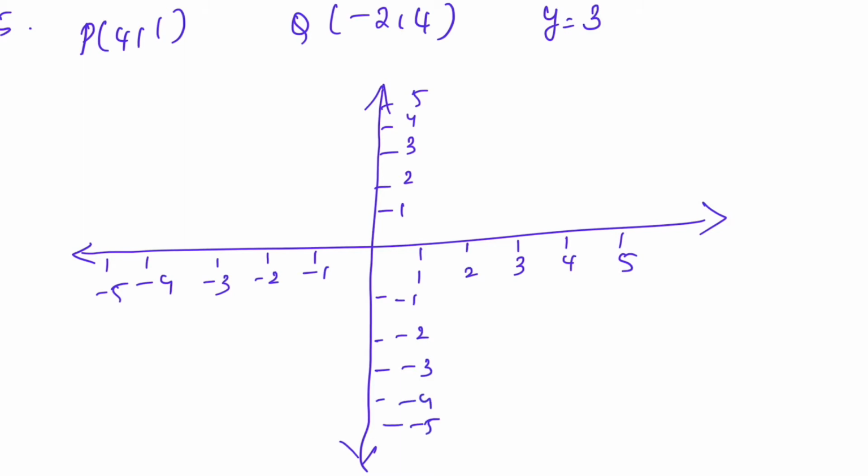Children, the first point we have here is P is 4, 1, right? Let me mark. This would be my P, 4, 1. Q is -2, 4.